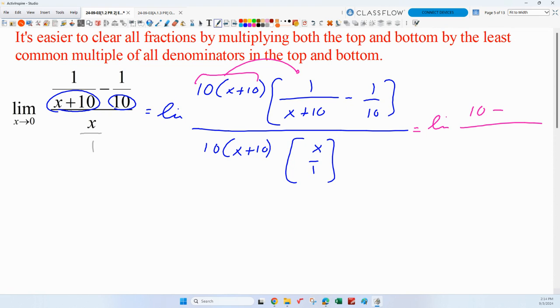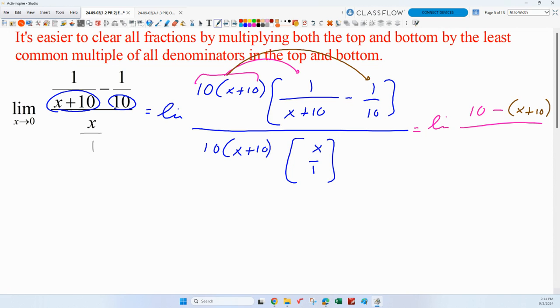Minus, when I distribute over here, let's get a different color, we're going to be brown, I guess. When I distribute over to that term, what's going to cancel? 10. So I get minus the quantity x plus 10. Everybody agree?